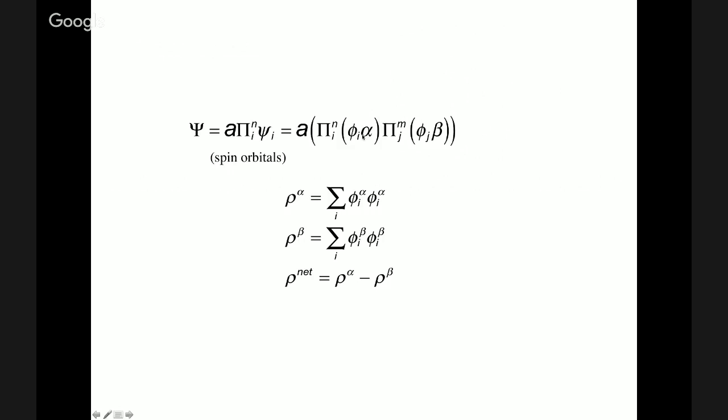The alpha spins can be taken as being orthogonal to each other, and the beta spins can be taken as being orthogonal to each other, but the alpha spatial orbitals and the beta spatial orbitals don't have to be orthogonal.